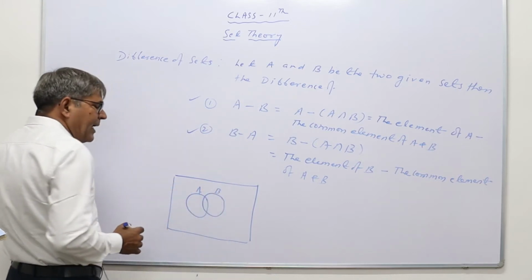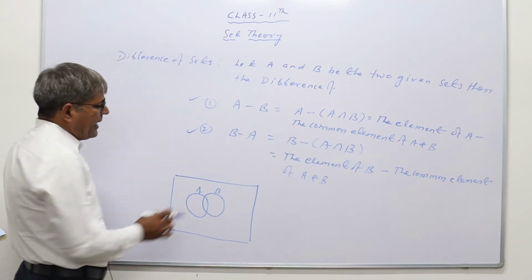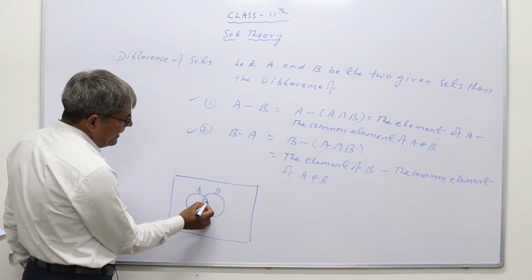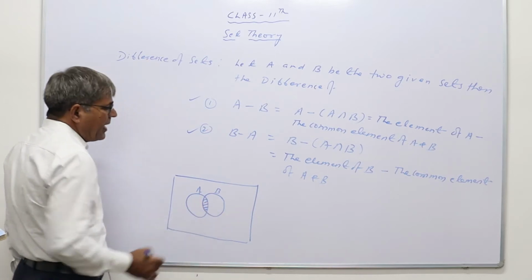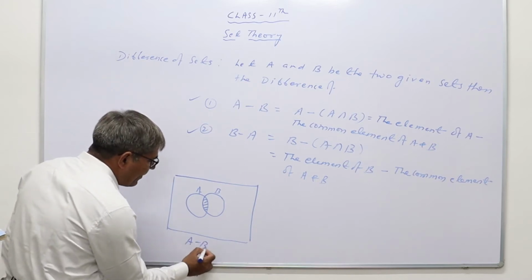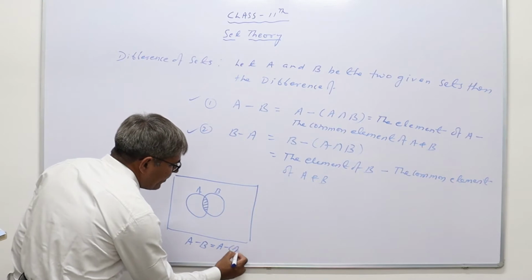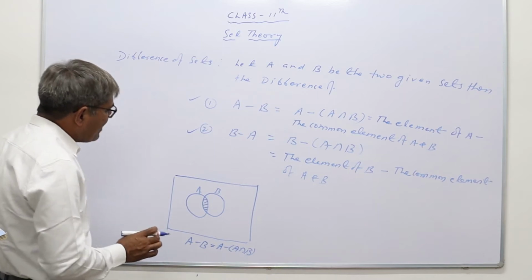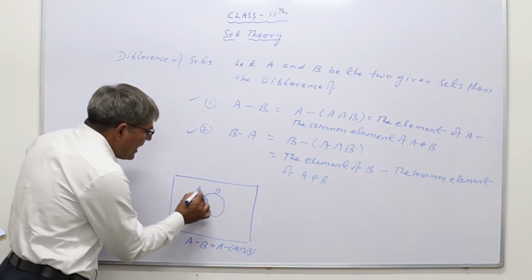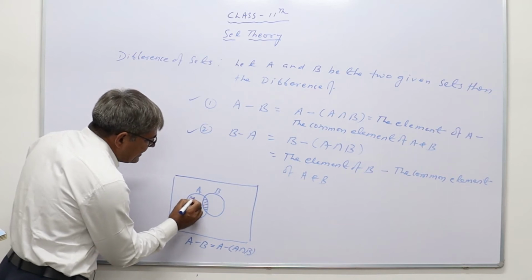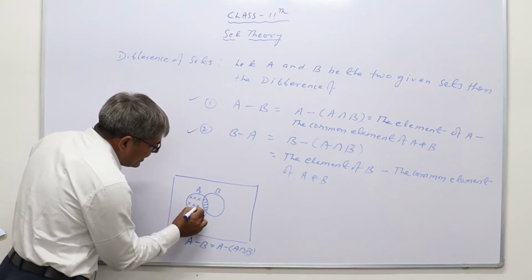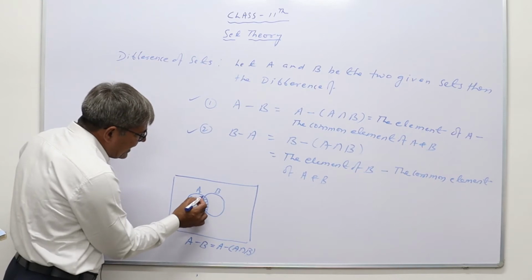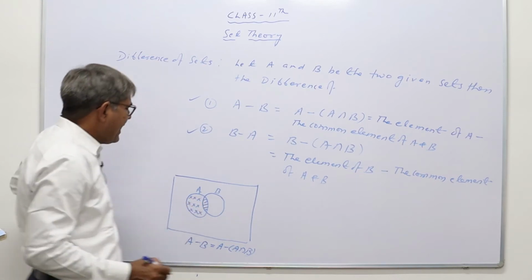Now A minus B will be A minus A intersection B. So first of all we will find A intersection B. So this is A intersection B. Now to find A minus B, that is A minus A intersection B, we will subtract all the common elements of A and B from the set A. So A minus B will be represented by this star part. So we will subtract A intersection B from the circle A, and this area will be represented by A minus B.